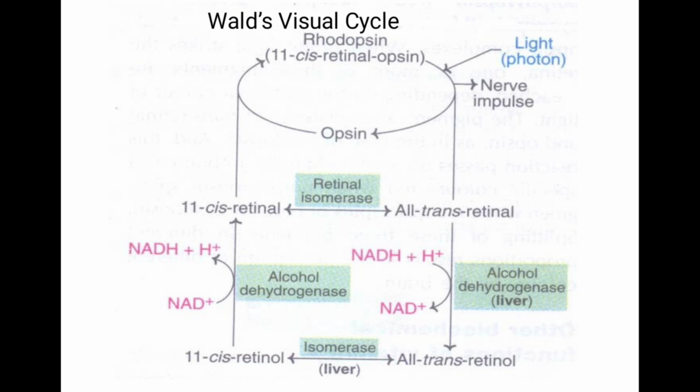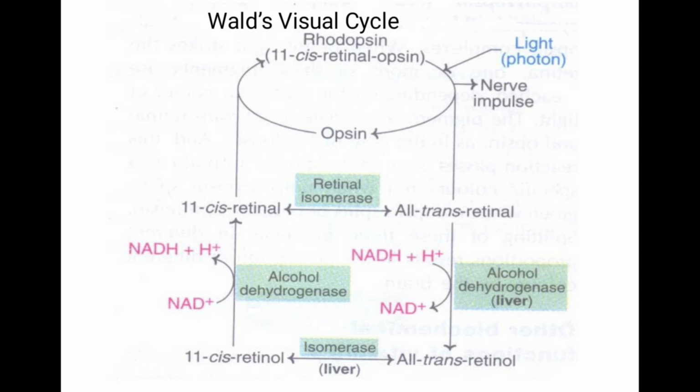See, there is a regeneration of 11-cis retinol, because 11-cis retinol plus opsin is rhodopsin. There is a need for regeneration of rhodopsin, which requires isomerization of all-trans retinol to 11-cis retinol by retinol isomerase. It combines spontaneously with the opsin.